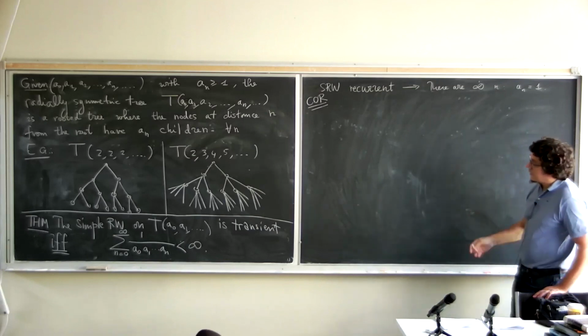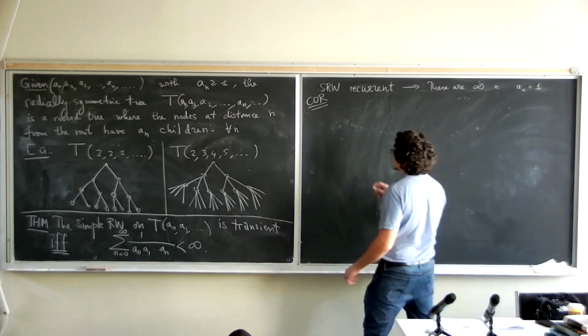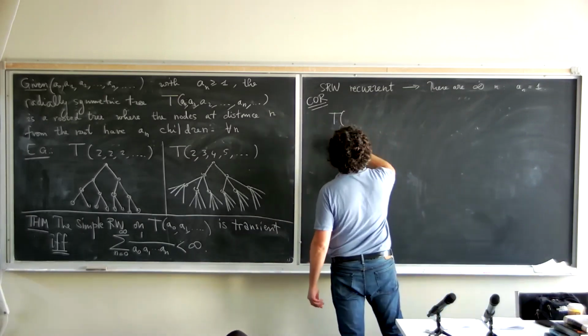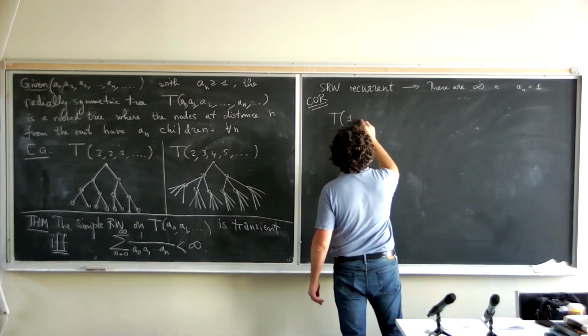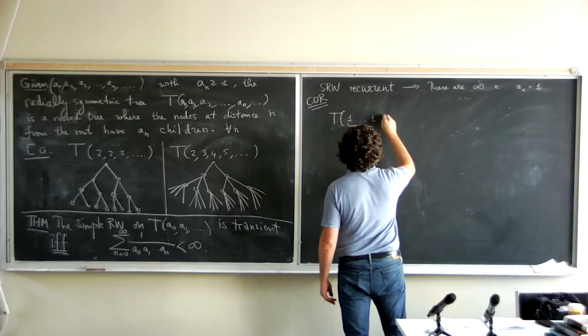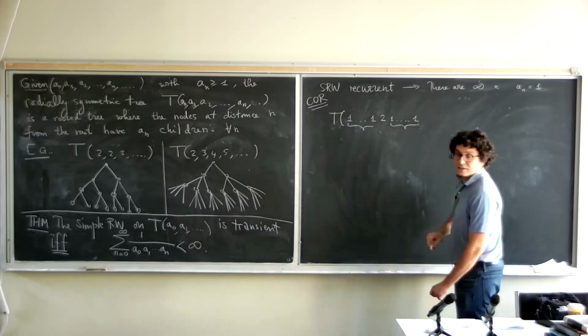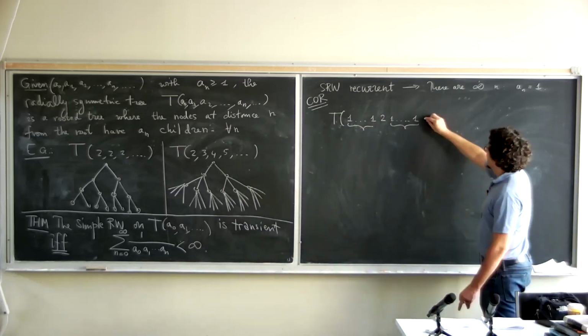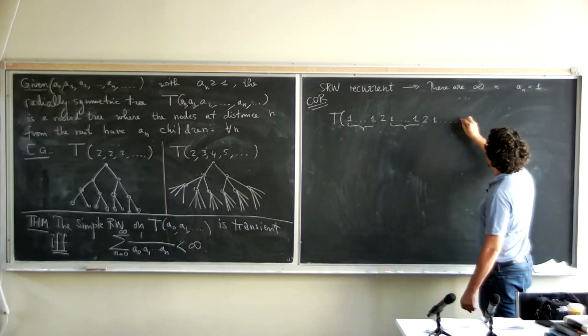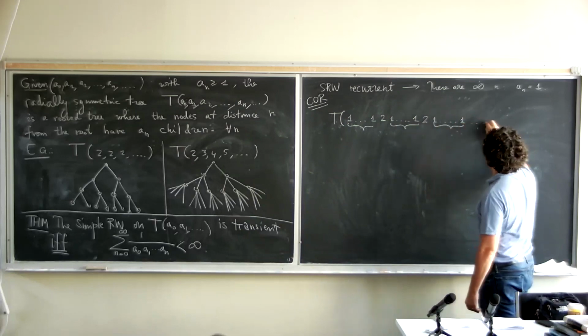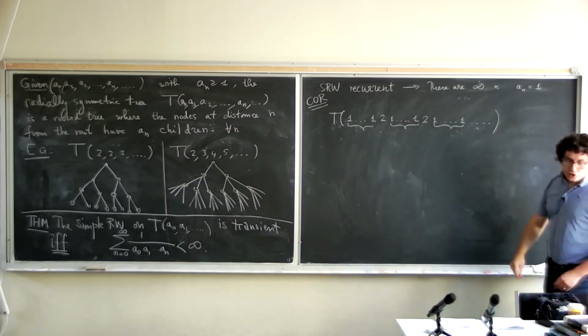So suppose I give you T of, okay, I put a lot of 1s, then I put a 2, and then I put a lot of 1s. And then I put a 2, and then I put a lot of 1s. Can I make this diverge?